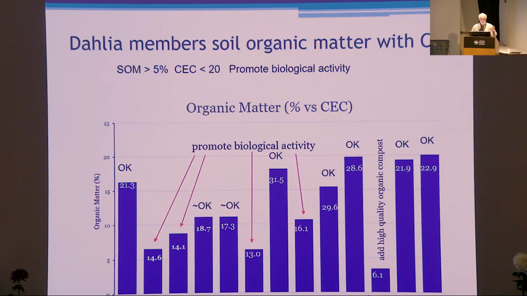The general theory is that if you have soil organic matter that's greater than 5%, which is good, but you have a cation exchange capacity that's less than 20, what that means is the biota in your soil is not healthy. It's not doing the job that it should be doing, and you need to promote greater biological activity to increase the rate of decomposition and turning that material into humus.